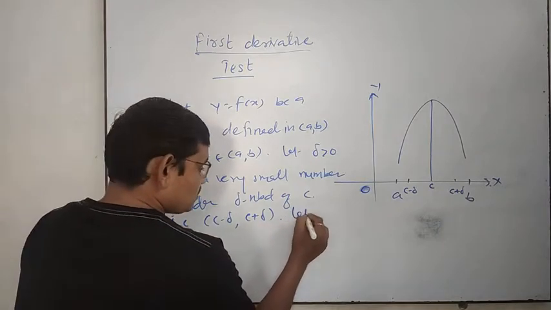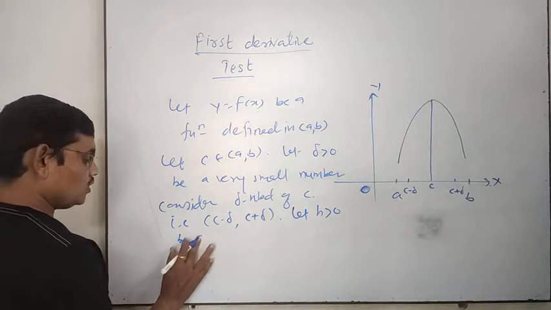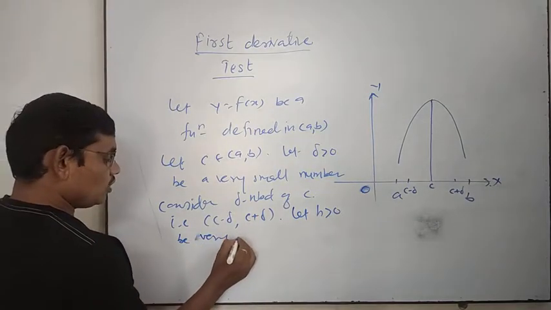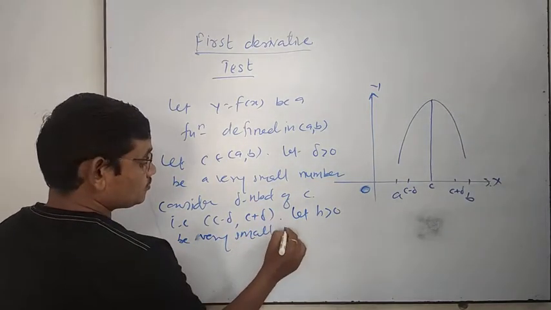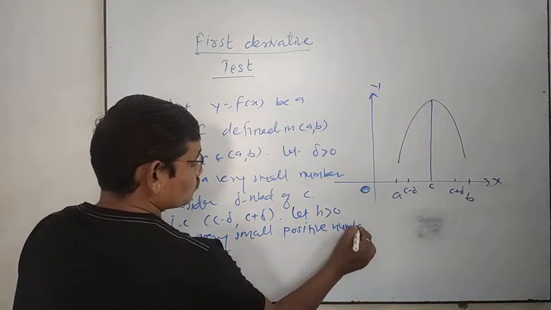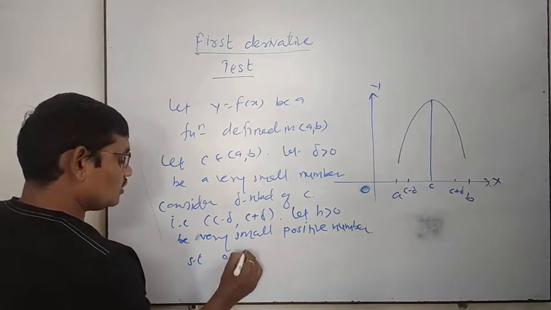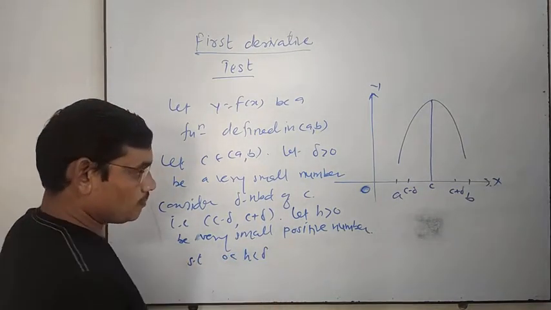Now let H be also a very small positive number, such that 0 less than H less than delta.